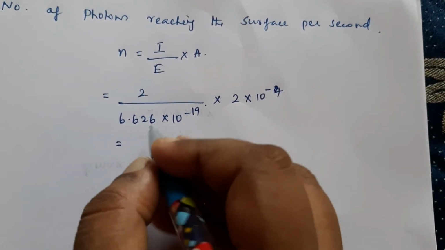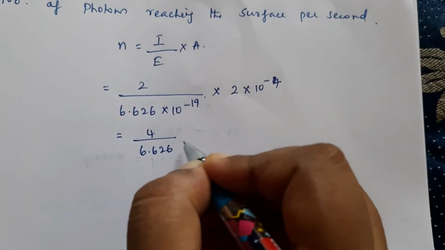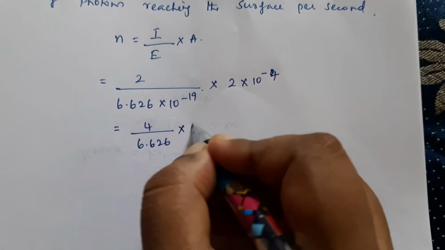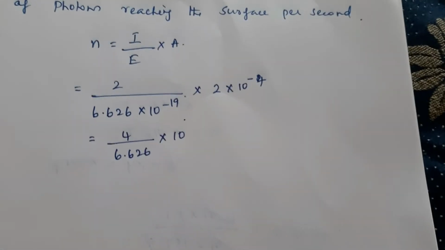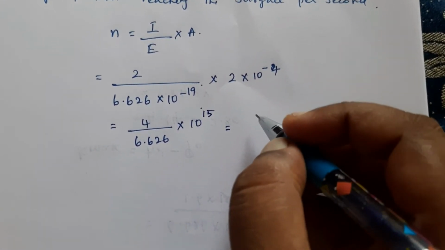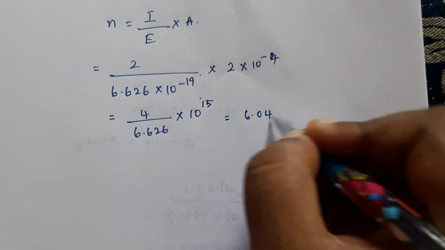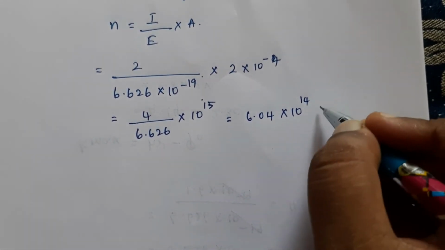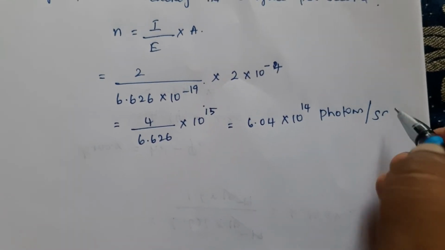So what will you get here? 4 by 6.626 into 10 raised to 15 you will get. So this can be divided and you will be getting the answer as 6.04 into 10 raised to 14 photons per second.